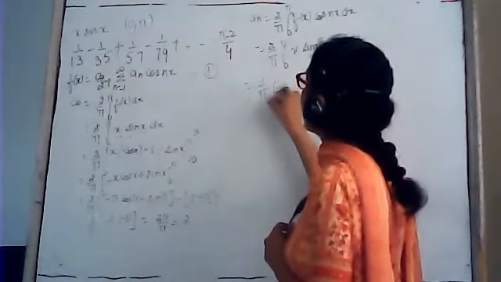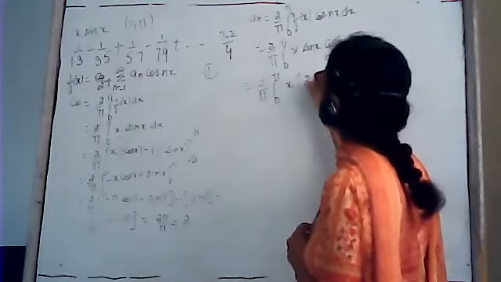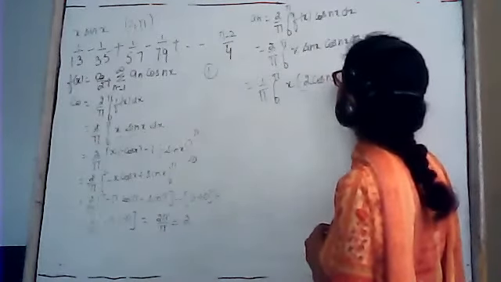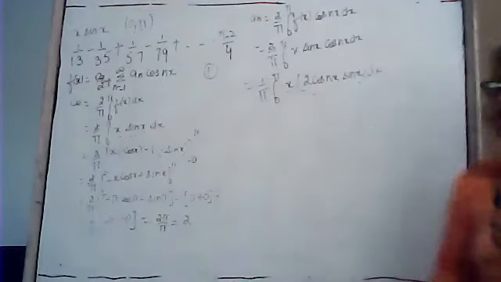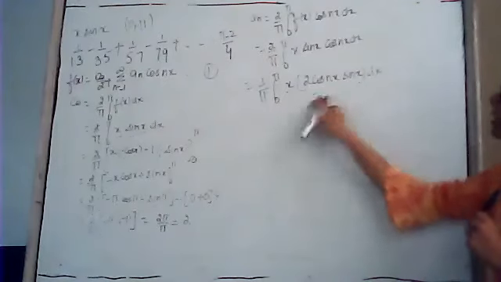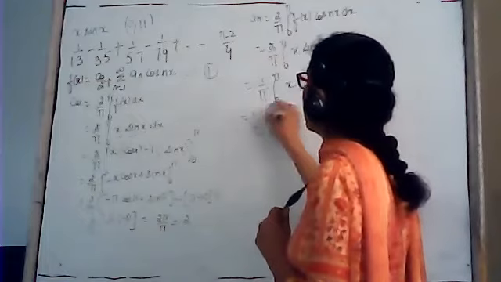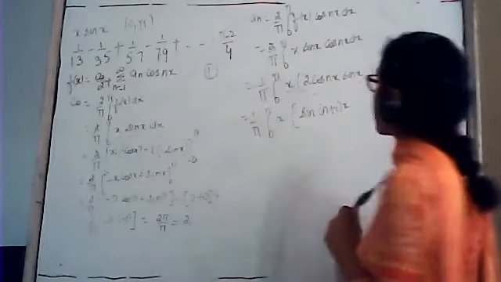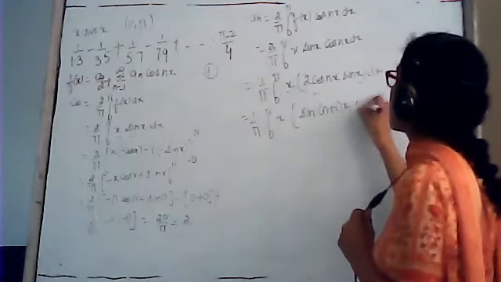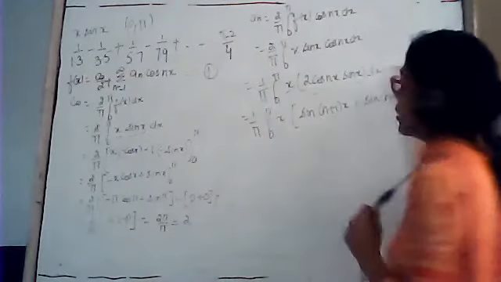Let it be 1 by pi, 0 to pi, x. Take this 2 inside. It will be 2 times cos of nx sin x dx. First function, second function. First of all, change this term. This is 2 cos a sin b. 2 cos a sin b is sin(a plus b) plus sin(a minus b) dx.